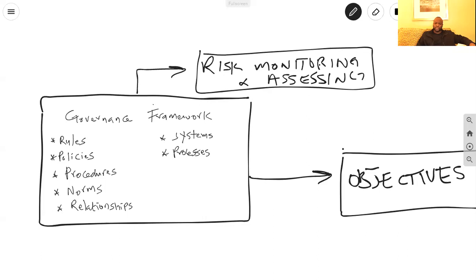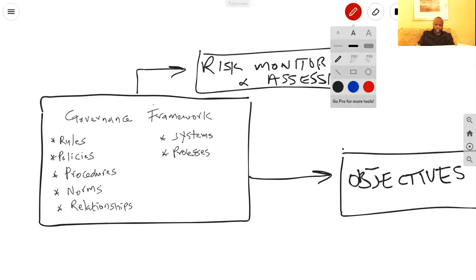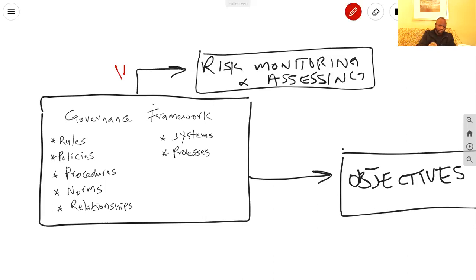And these rules, policies, procedures, norms, systems, and processes, many of which are project-oriented systems and processes, those will influence. So when we're talking about all this, I want you to think about the word influence. This is an influence factor. It is not an output. It is an influence.